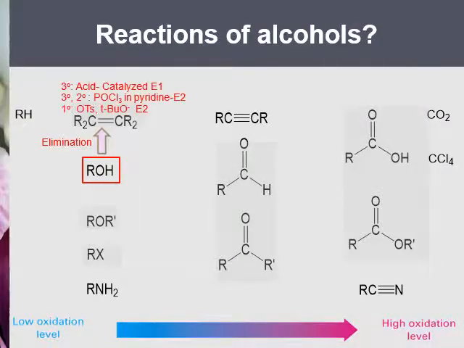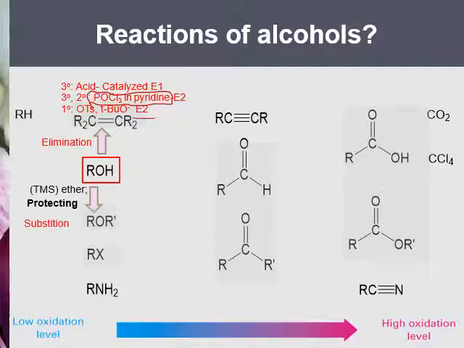A tertiary alcohol can react with acid and undergo E1 elimination. We introduced a very important dehydration reagent, phosphorus oxychloride combined with pyridine. One way to convert a primary alcohol into a double bond is to convert it to a tosylate followed by E2 elimination.